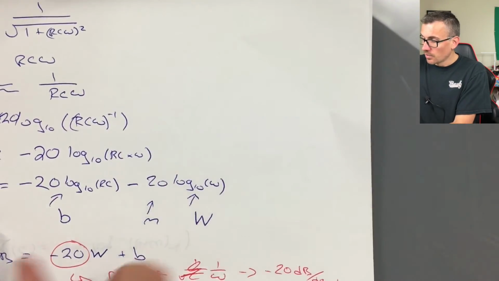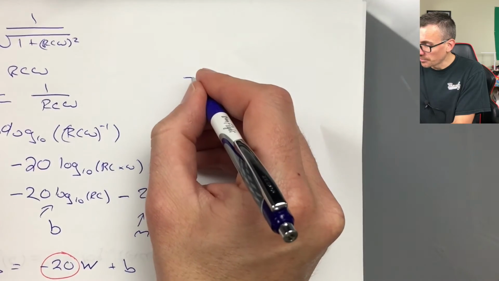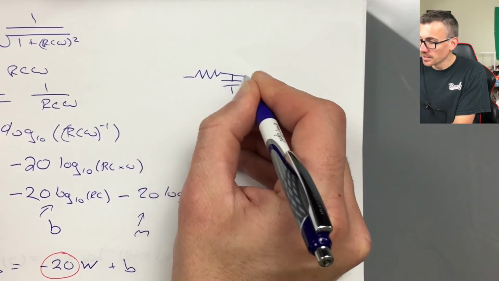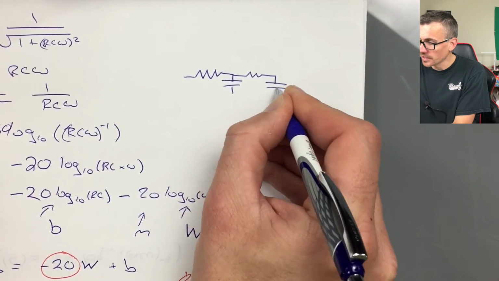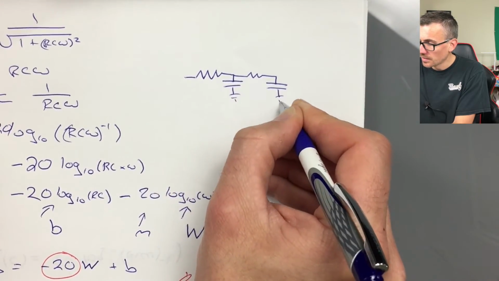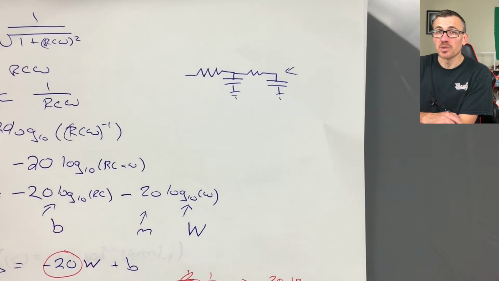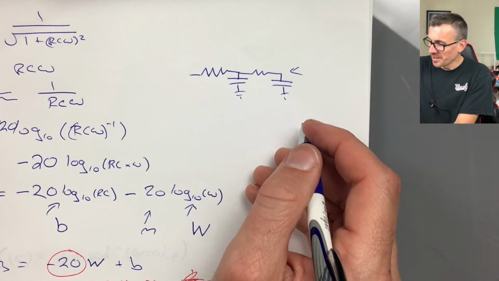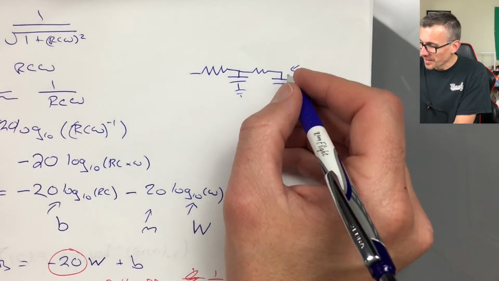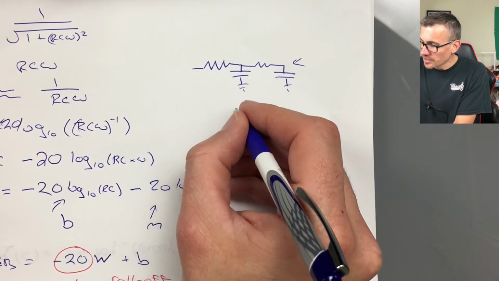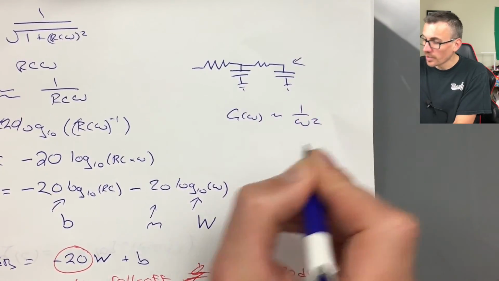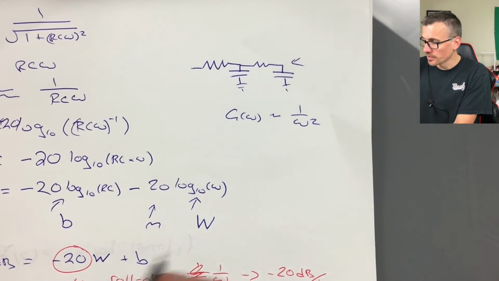Okay? We can have fancier filters. For example, something that looks like this. We have an R, C, another R, another C. It's a very cheap way to make what's called a second order filter. We can do the math. Maybe that'll be, I think you do that in your lab actually. And you find that this goes as 1 over omega squared for very large frequencies.